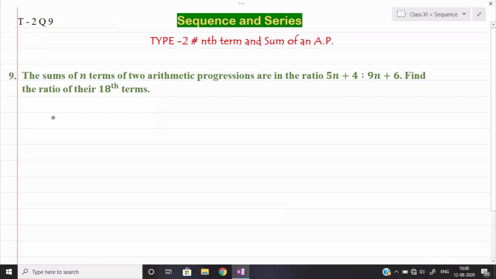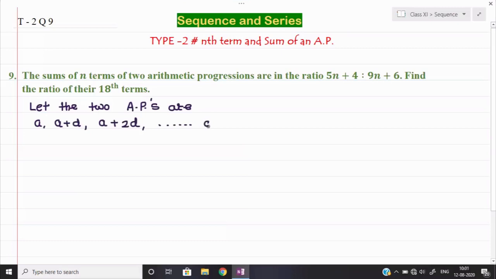Let the two APs be: the first AP I am supposing as a, a plus d, a plus 2d, and so on.